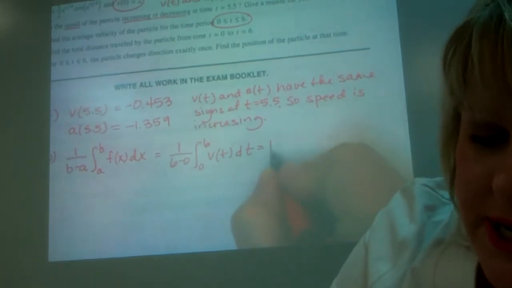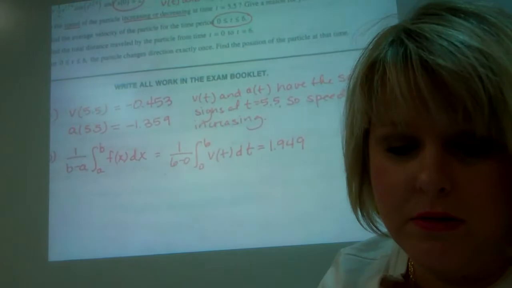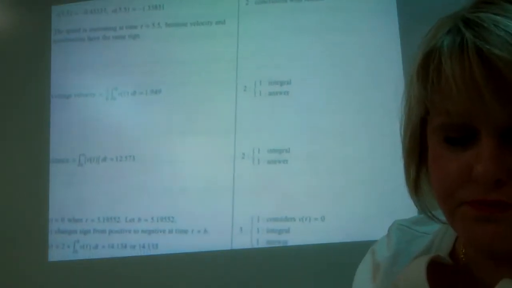You have to go to at least 3 decimal places on the AP test. So 1.949.